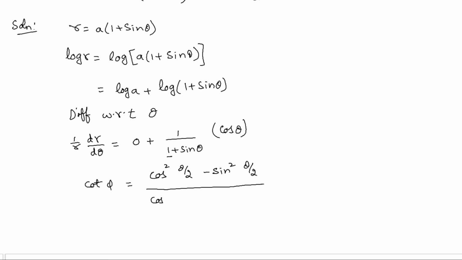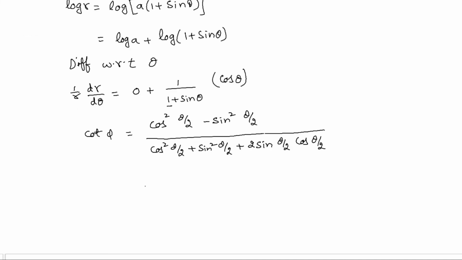Instead of writing 1, I have written it as cos square theta by 2 plus sine square theta by 2, just trying to get it in the standard form. Its value, 1 plus sine theta in terms of half angle formula, will be plus 2 sine theta by 2 into cos of theta by 2.